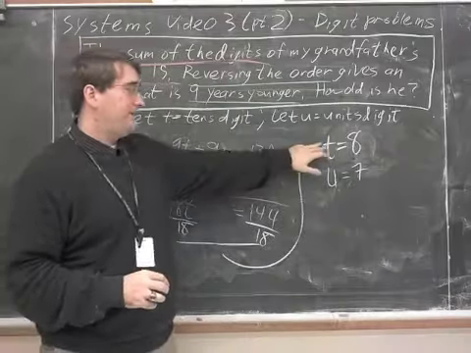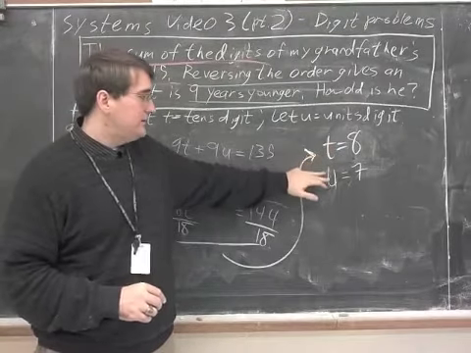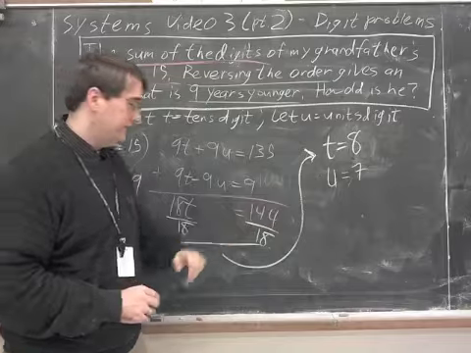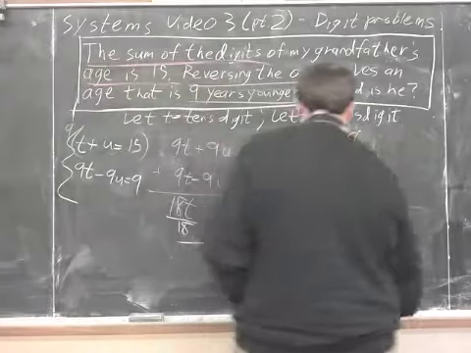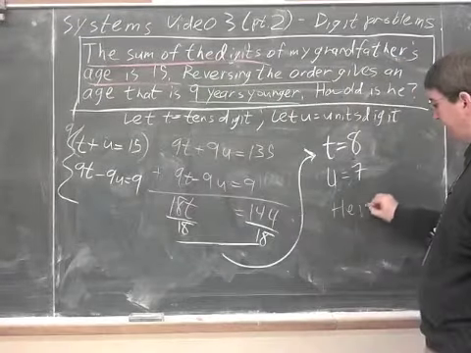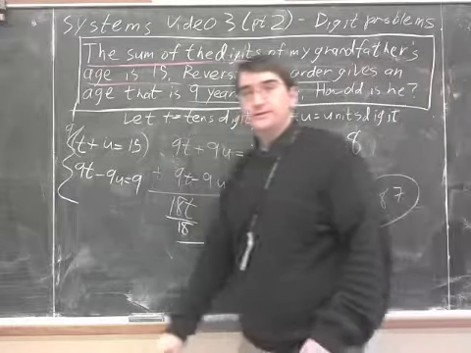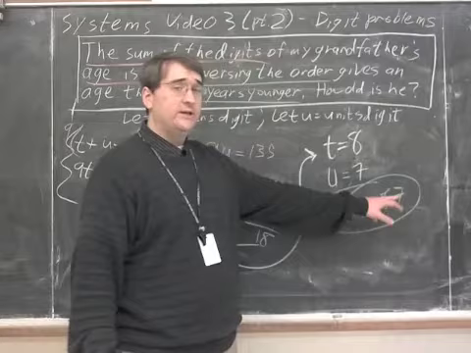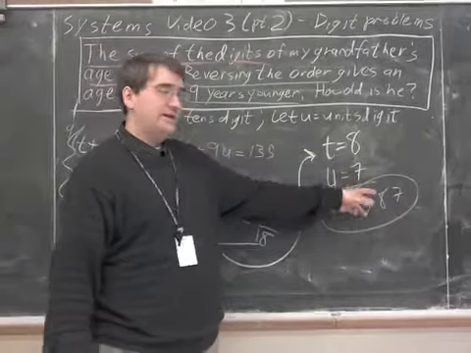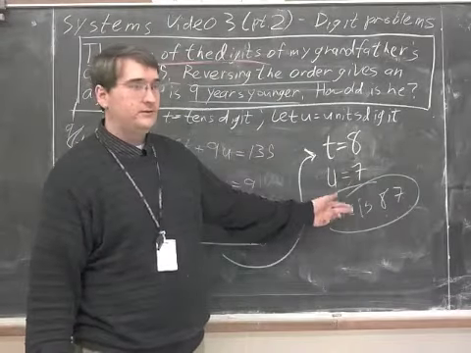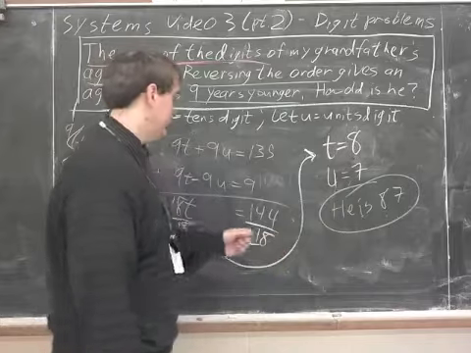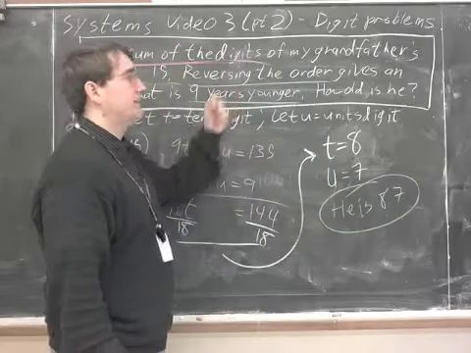So the tens digit is 8, the units digit is 7, so that means he is 87 years old. And if we swap the order, 87 becomes 78, and 87 minus 78 is indeed 9. So we do get that relationship there.